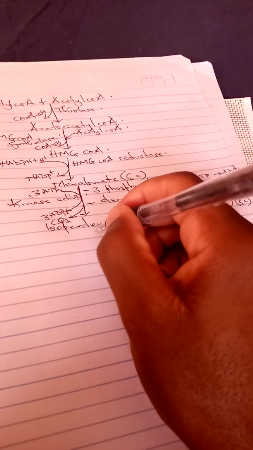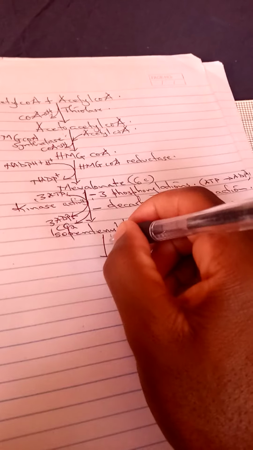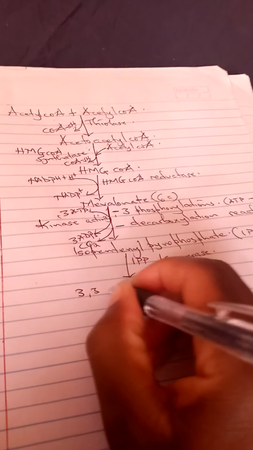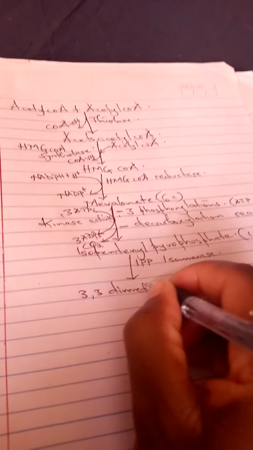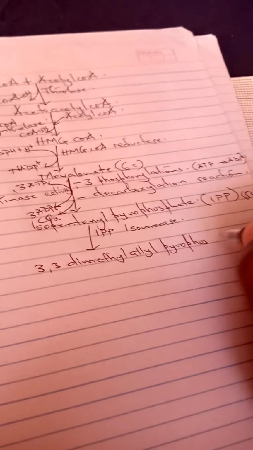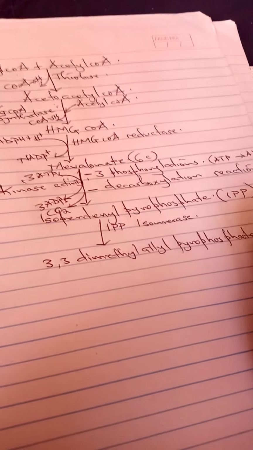Then now we have our isopentenyl pyrophosphate. This isopentenyl pyrophosphate will be acted on by IPP isomerase. An isomerase enzyme means there is just a shift in the arrangement of the carbon atoms, and what we form is called 3,3-dimethylallyl pyrophosphate.